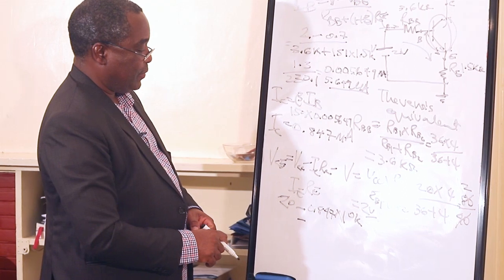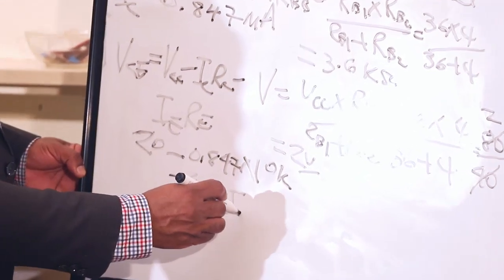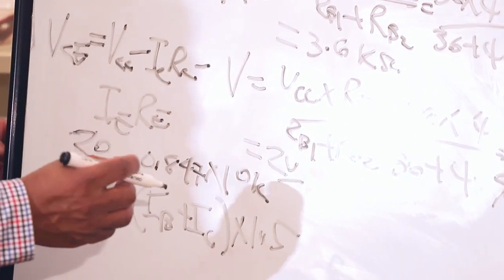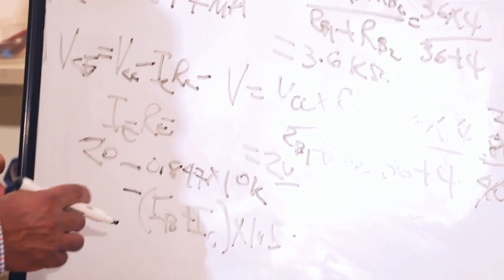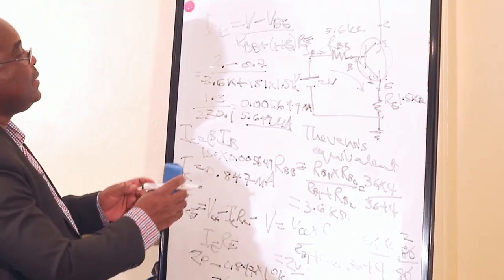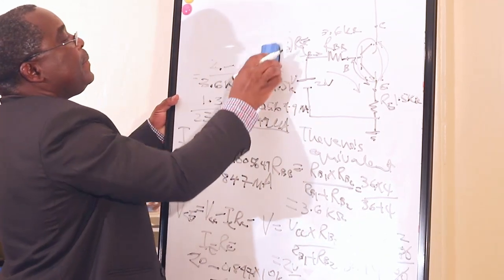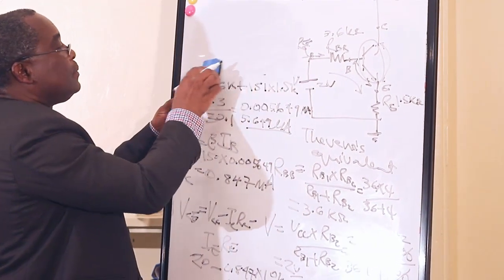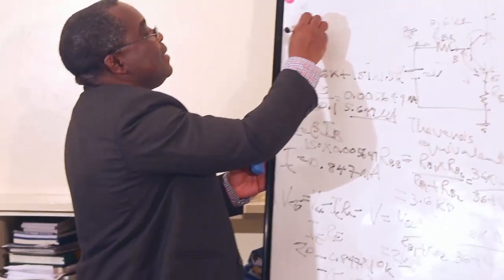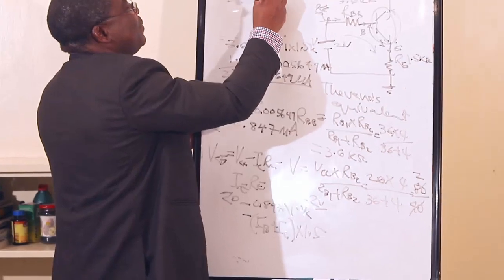IE is a summation of IB plus IC. We know this formula. And RE is 1.5. Let's have the summation here. IE is equal to IB plus IC.